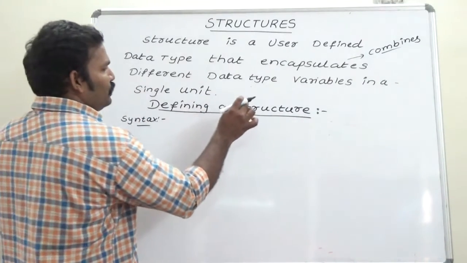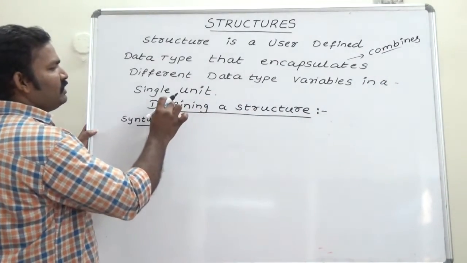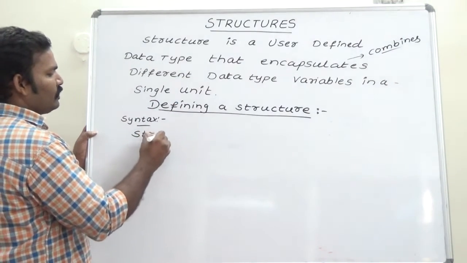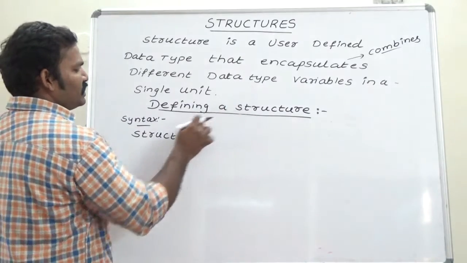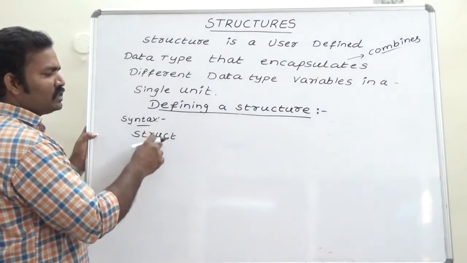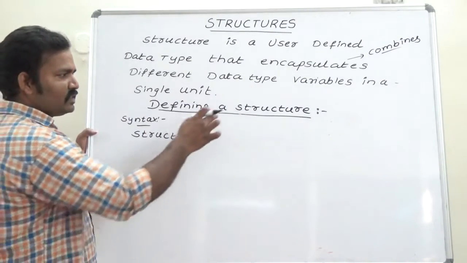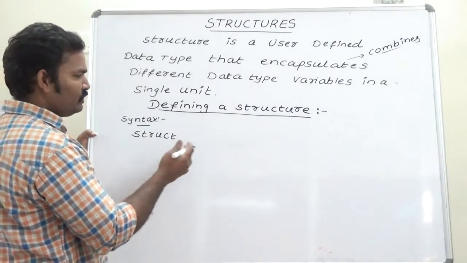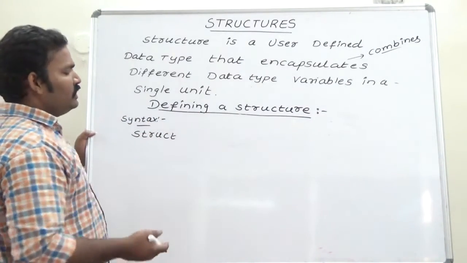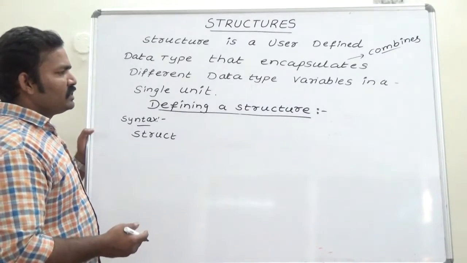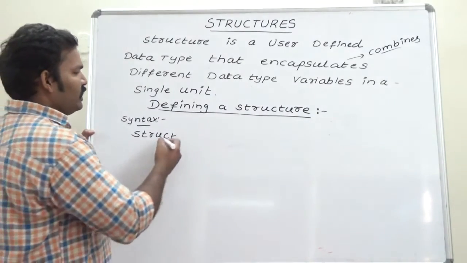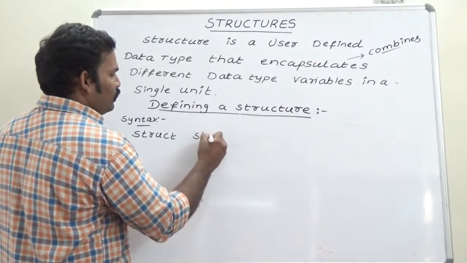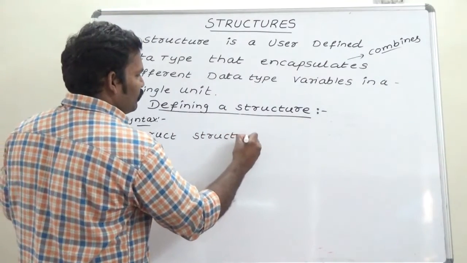We have to use the struct keyword. Structure can be defined by using the struct keyword. There are 32 keywords, and struct is one of them. To define a structure we use the struct keyword followed by the structure name.